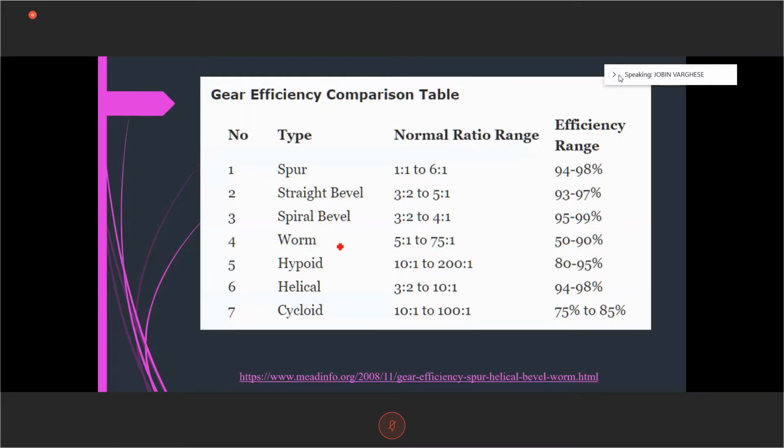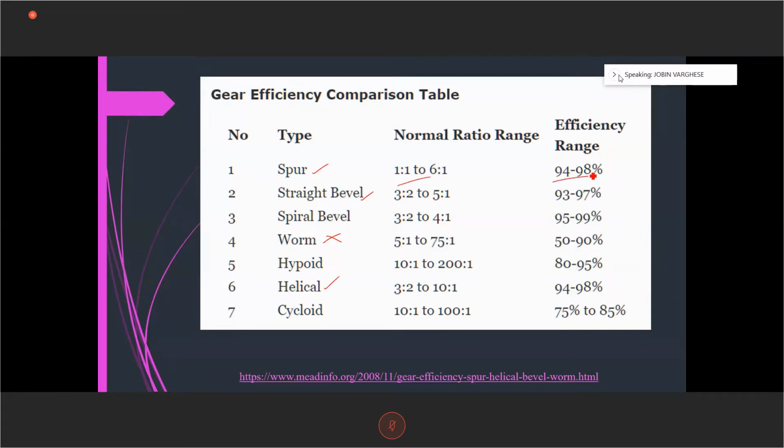The first part: we have already covered spur gears, straight bevel gears, and helical gears. As we can compare, there are normal velocity reduction ratios here, and we are focusing on efficiency, since that determines which gear is better to use.